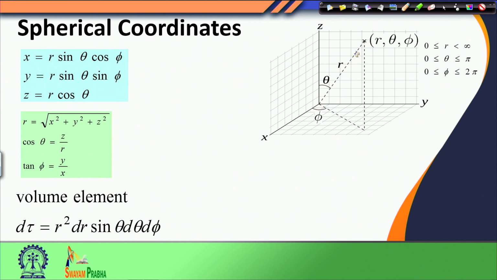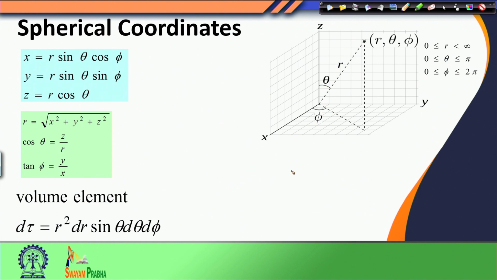Theta is the angle that r vector makes with the z axis, and when you make a projection of that point onto xy plane, that particular vector makes an angle of phi with respect to x axis.